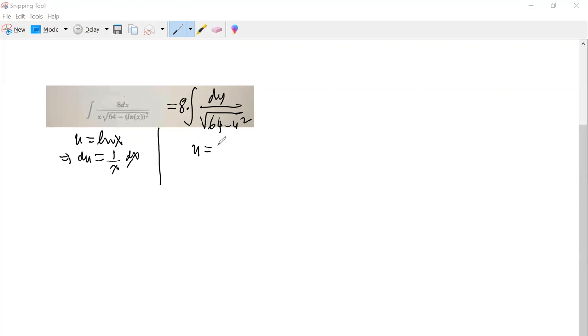So I'm going to call u equal to 8 times sine of theta. Then du is going to be 8 times cosine theta d theta.